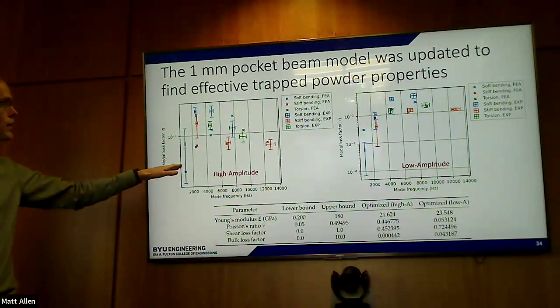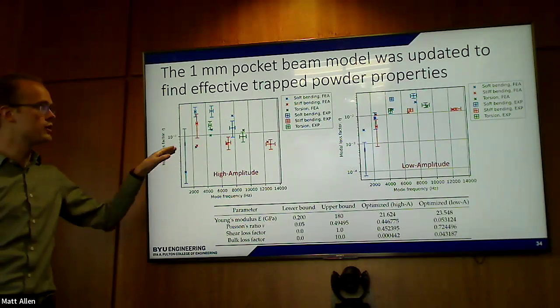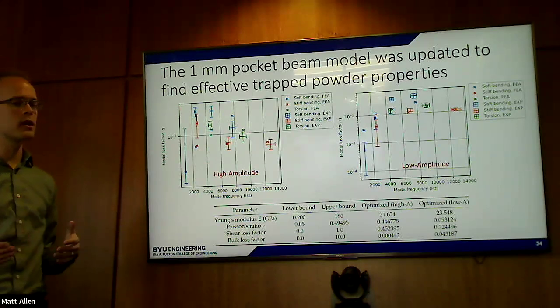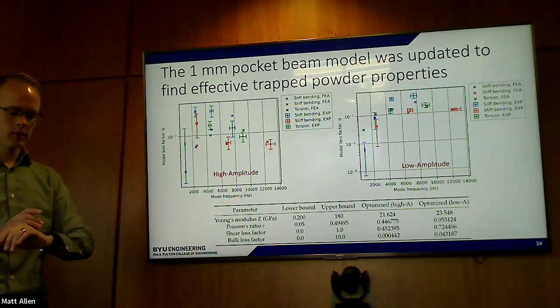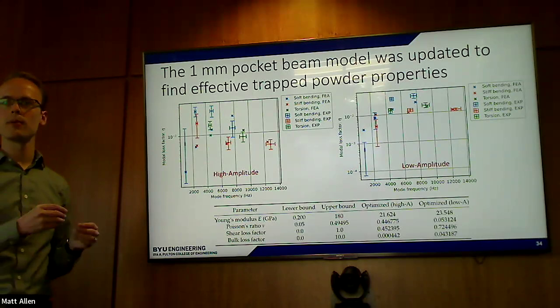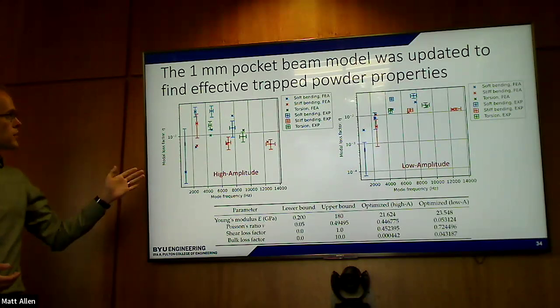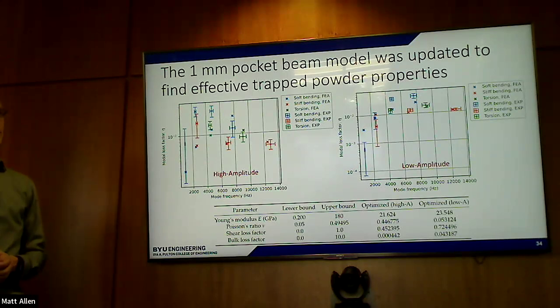So the model always predicts that the damping will increase with mode number for the soft direction bending modes. And that's because higher order bending modes put more shear in the powder pocket. And the viscoelastic material predicts damping to be related to how much shear is in the pocket.